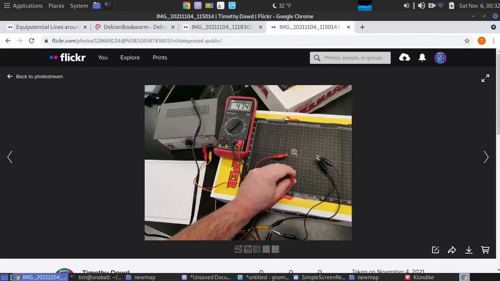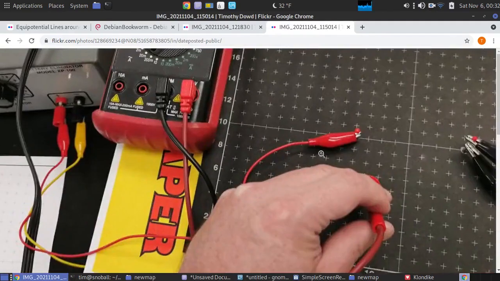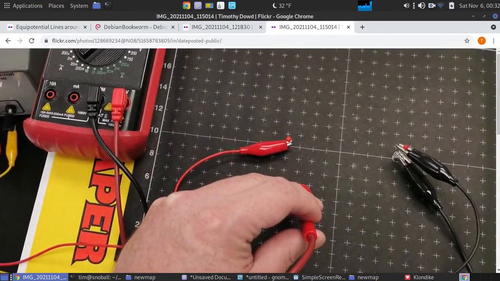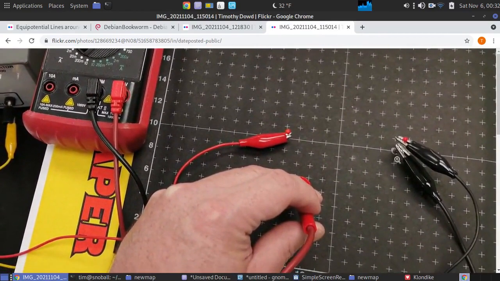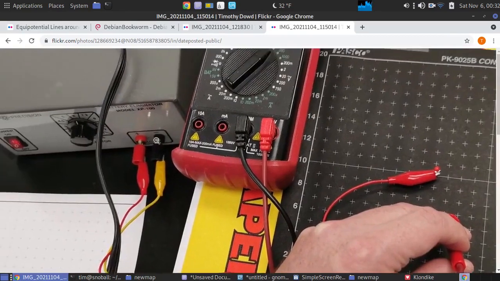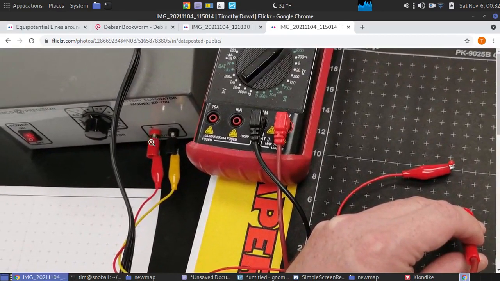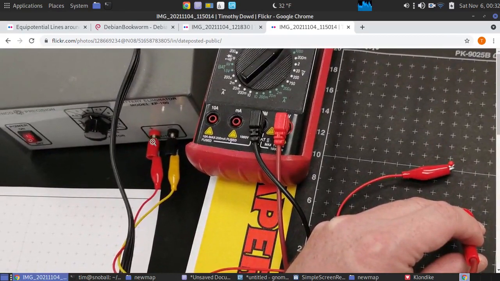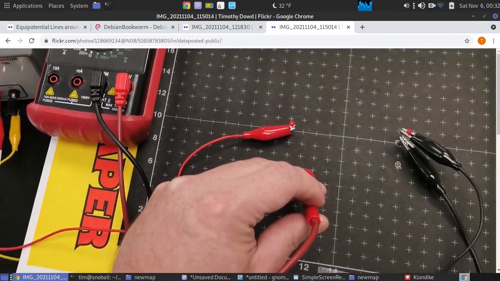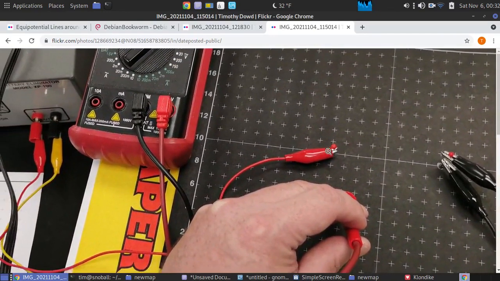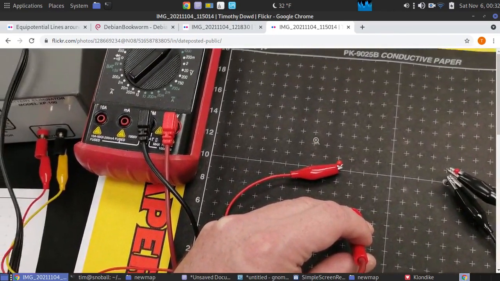The way this works, we have this conductive paper, and embedded in the paper are these little spots of conductive paint which have push pins through them. If we hook those up to a power supply and put the positive of the power supply on here and the negative over here, this will give similar patterns to what we'd expect if we had a positive and negative charge.